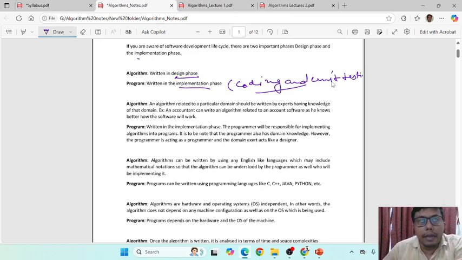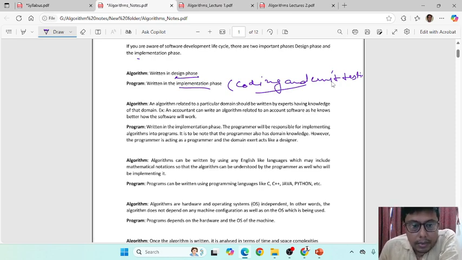If you want to develop an accounting software like Tally today, a person who has the knowledge of accounting will only be able to write an effective algorithm for that software, because he should know how an accounting software works. Based on that, he will be able to write a better or more efficient algorithm. So in one liner, an algorithm should always be written by the domain expert.